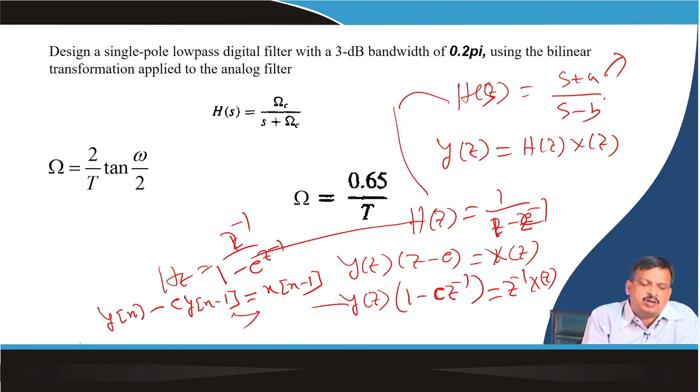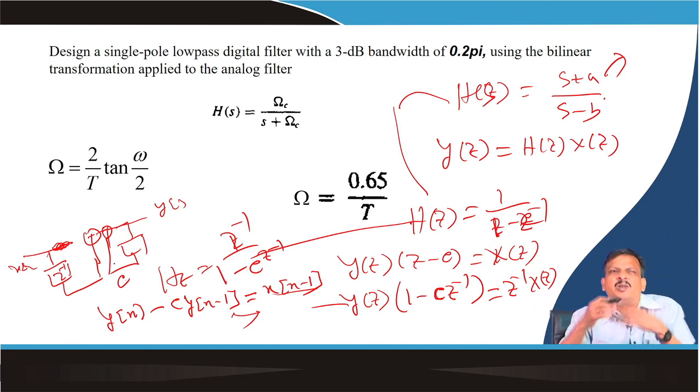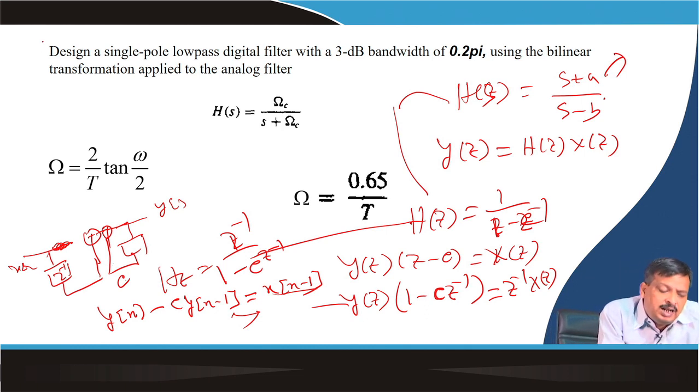Implement in structure 1 or structure 2: this is x(n) delayed by one sample, added with this one. So, x(n) is not there, only x(n minus 1), and then y(n) delayed by one sample, multiplied by c, added with this one, in structure 1 or structure 2, whatever you can do.